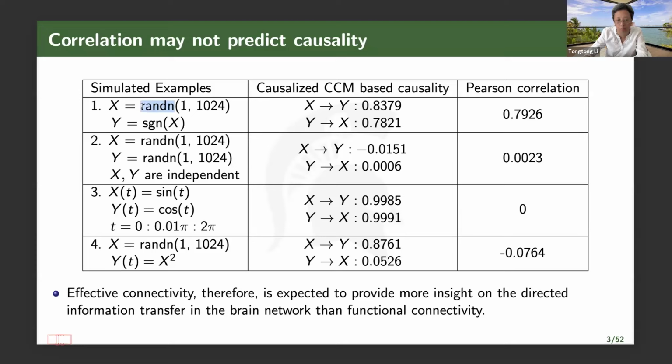This is a MATLAB command that generates a Gaussian random variable, here a zero mean Gaussian random variable with unit variance. And then we consider the sign of them. If it's positive, this is 1. If it's negative, this is -1.